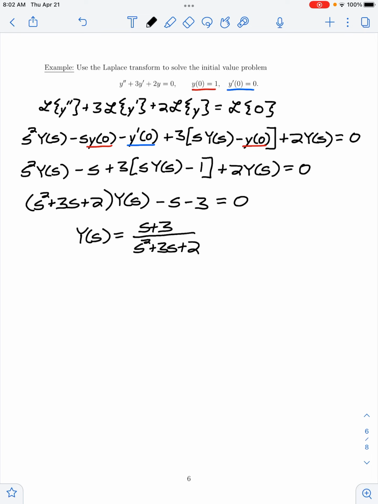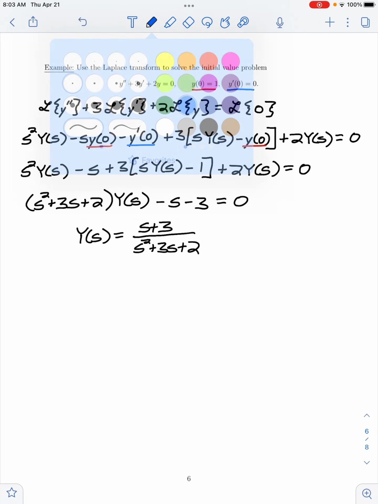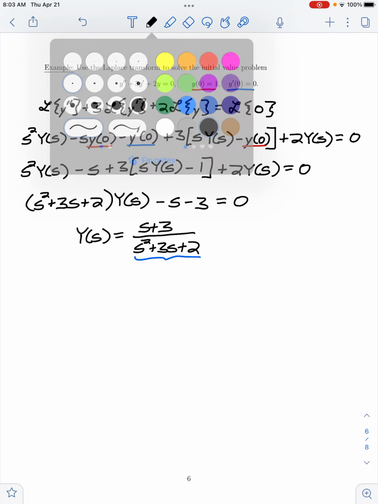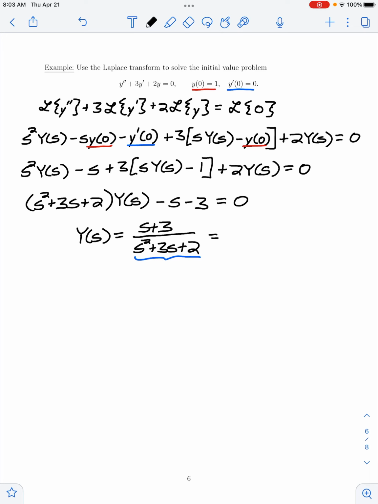And once I have solved for capital Y, which is the Laplace transform of my solution, little y of t, I want to find my inverse transform to get my solution. So we need to find the inverse transform of this capital Y expression. And if I look at my denominator here, I see that my denominator could be factored down to linear terms.